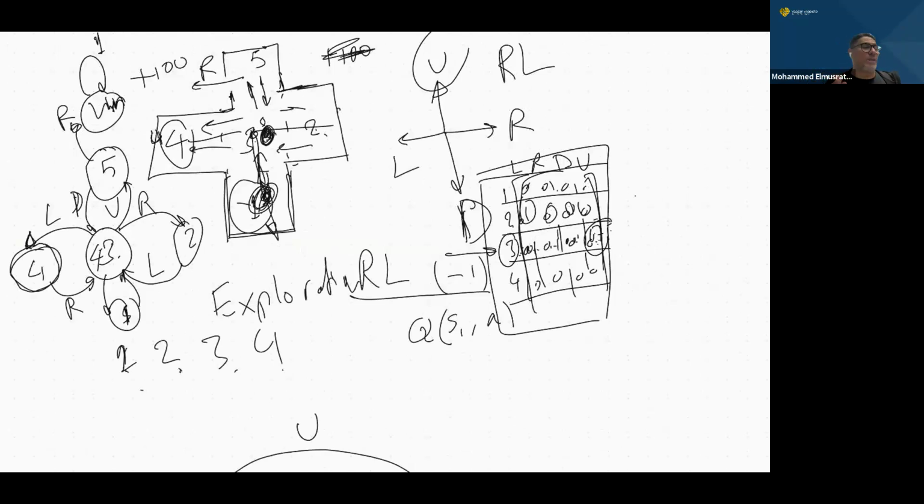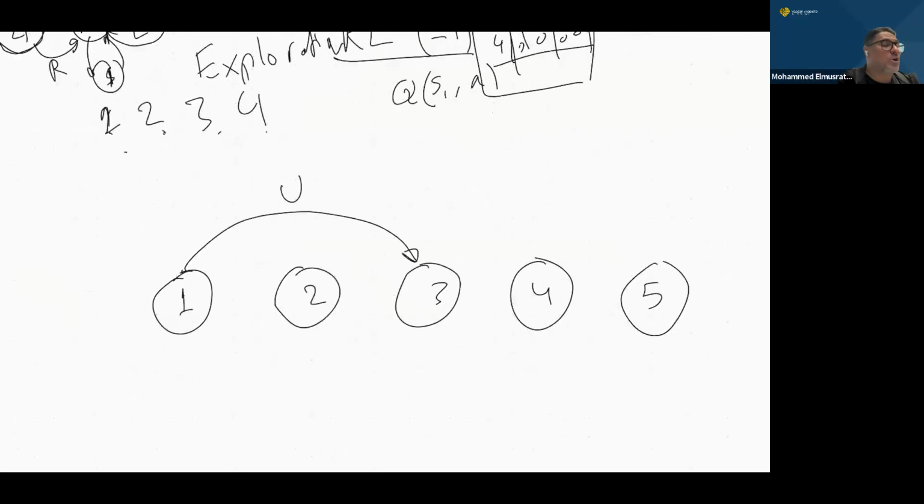The wheels were a little bit tilted, so instead of going to room number 3, it goes to room number 4. And it is possible for this to happen. Assume that you don't have full control over the wheels of this robot. You might have some control, but you cannot guarantee 100% that when you command up, it will go to room number 3. So in this case, we have a probability.